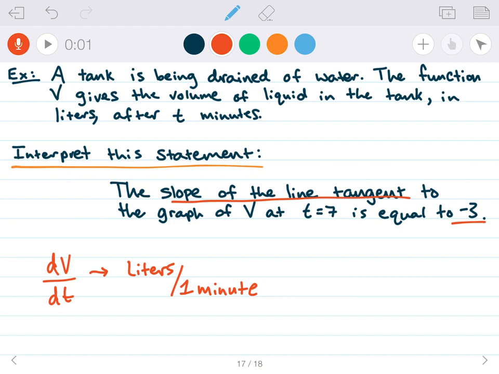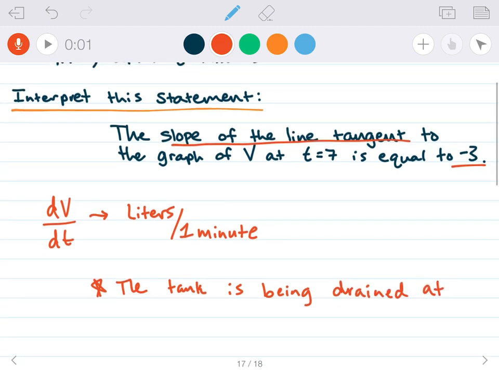And so they tell us the rate. They tell us that it's -3, and so that means that the tank is being drained at -3 liters per minute.